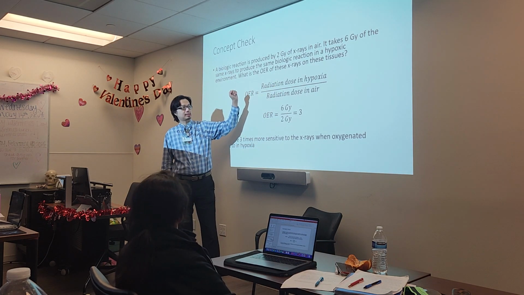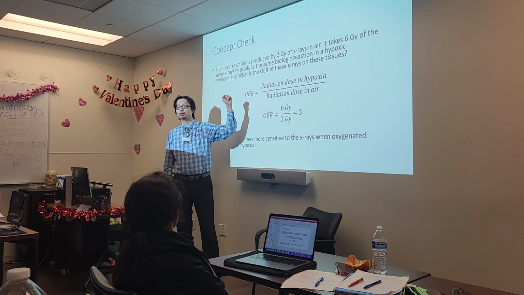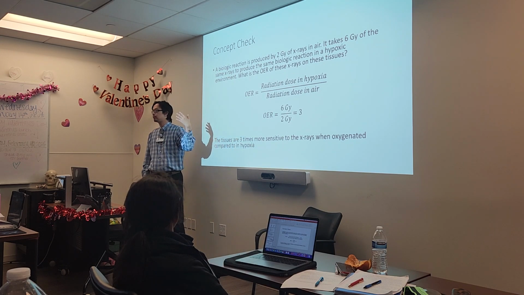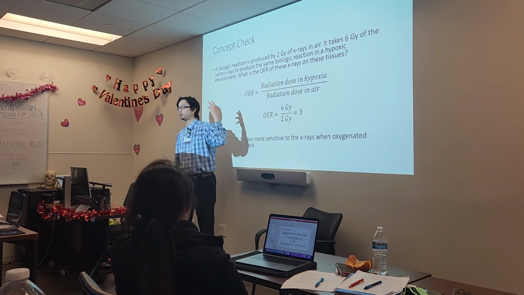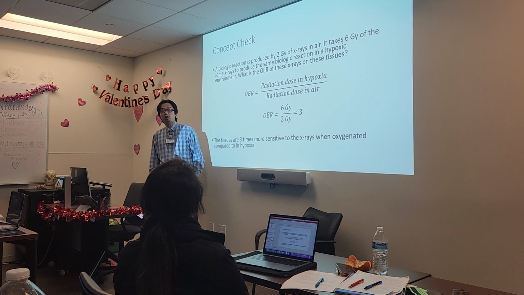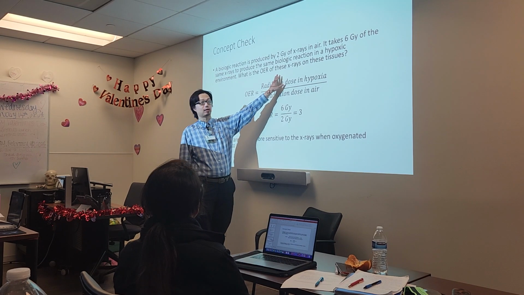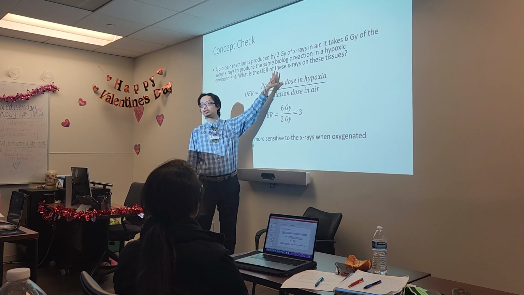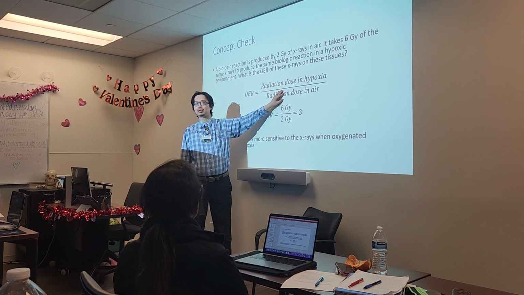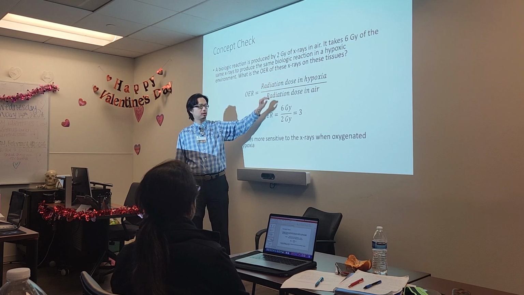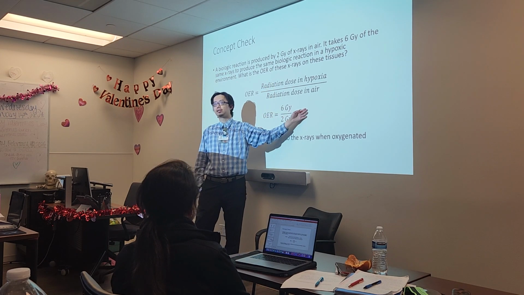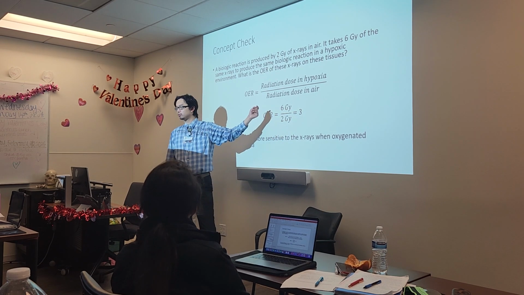With low LET radiation, because it's not directly hitting the DNA, it's not causing really big effects directly, so the oxygen has a lot more opportunity to involve itself in the process of damage. So in cells that don't have a lot of oxygen, you need more dose. In cells with lots of oxygen, you need less dose. The difference in dose is significant. It is highly noticeable in cells with air versus without air. So our OER is going to be a relatively large number. It's not going to be close to 1.